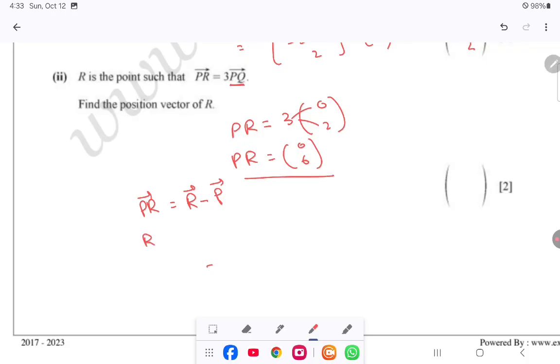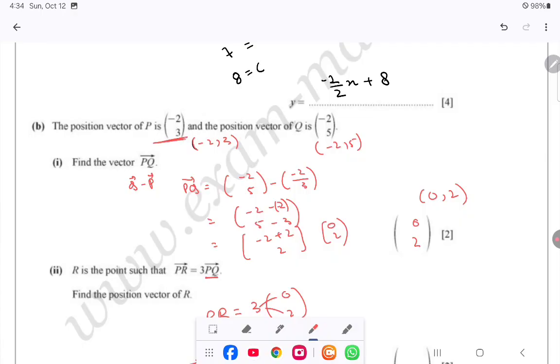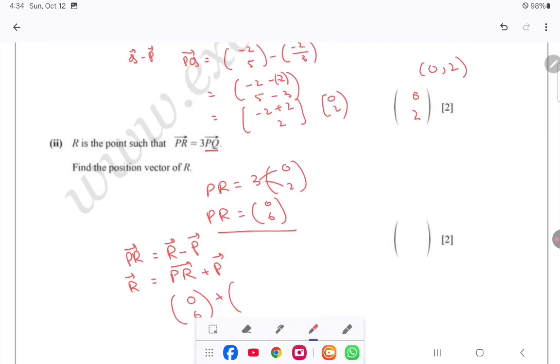Now R will become, adding P vector to both sides, PR plus P. We just calculated PR as 0, 6, and P is right here in the question, negative 2, 3.